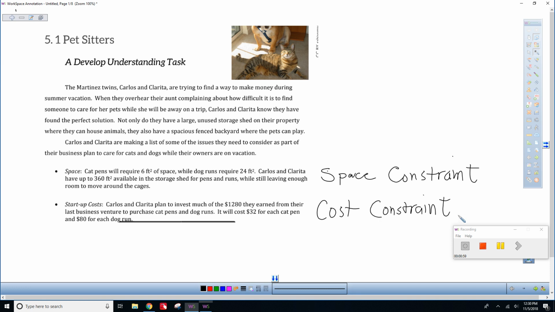It means that we can't just take 1 billion cats and dogs because we don't have enough room for them. We can't take 3,000 cats and dogs each because we don't have enough money to pay for their cat pens and their dog runs. Constraints are very important parts of inequalities.